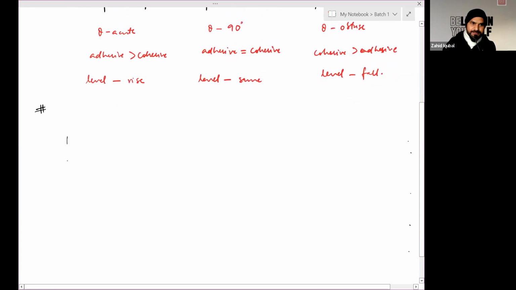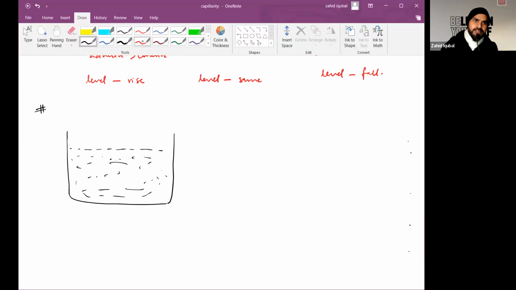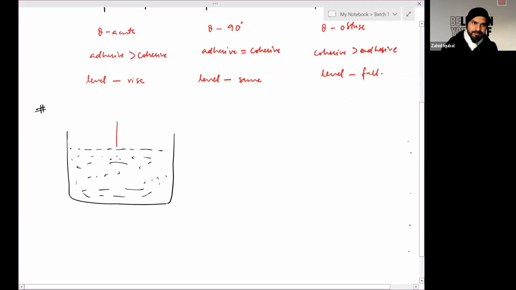Suppose you have a liquid in which a capillary tube is inserted like this. Due to its interaction, the level of liquid, I'm just supposing, will increase.